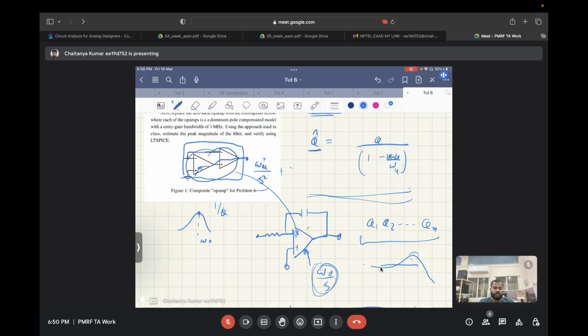Then follow the complete procedure done in the lecture, and you will see by yourself that you get an integrator response nearly equal to the ideal one. Yes, sir. You can try it out, and I hope you will be able to find the answers.